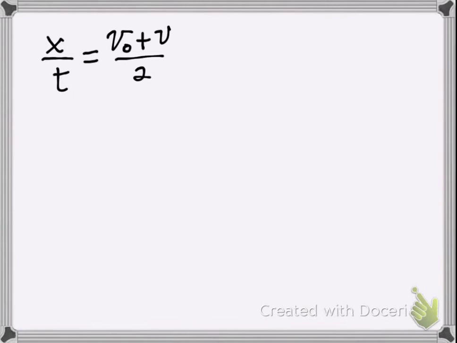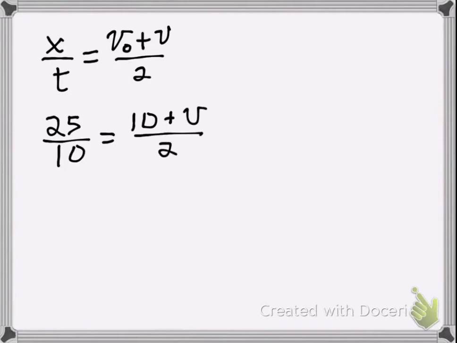So x, 25, over t, which is 10, is equal to v sub 0, which is 10, plus v over 2. And we don't know what v is. So one thing we can do is multiply both sides of the equation by 2.